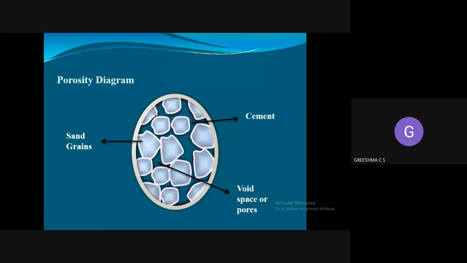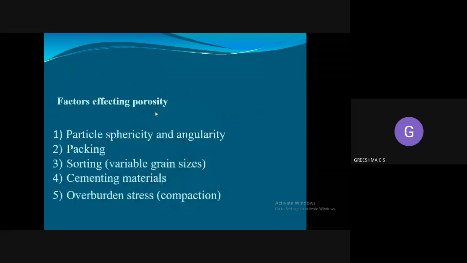Because of that, their void space is large. So that's the second point, packing, how they are packed. If it is loosely packed, the void space will be more, and if it is tightly packed, the void space will be less.